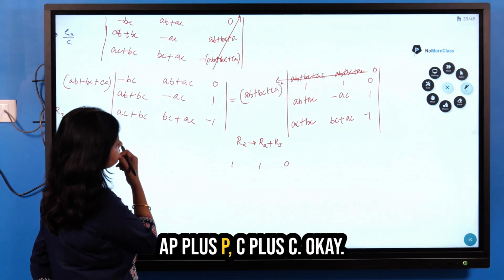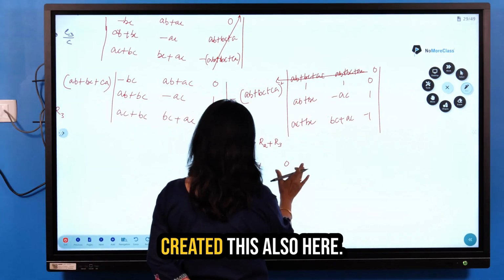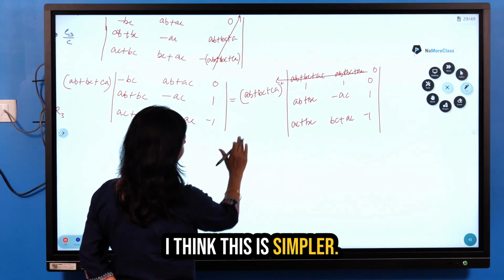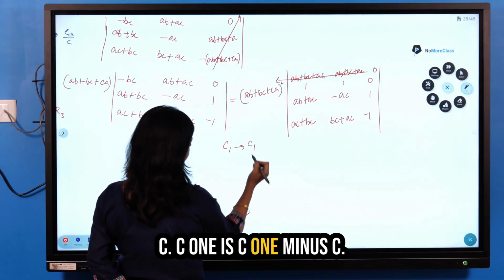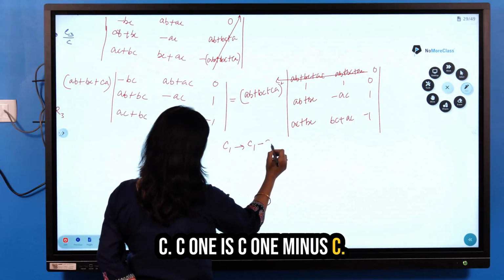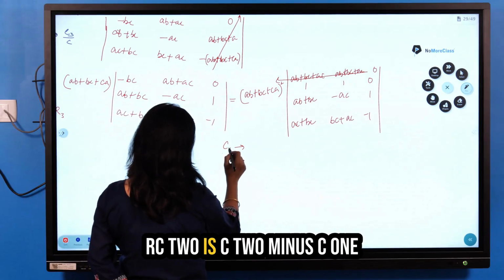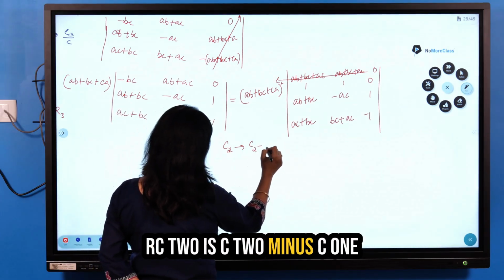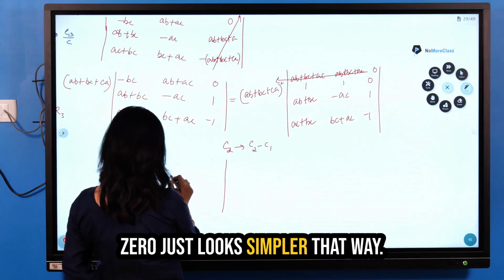Or I could have just created this also. I think this is similar. C1 is C1 minus C2, or C2 is C2 minus C1, because I want to have 0, 0. It just looks simpler that way.